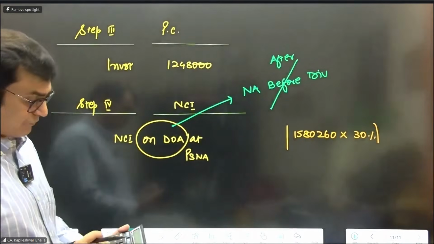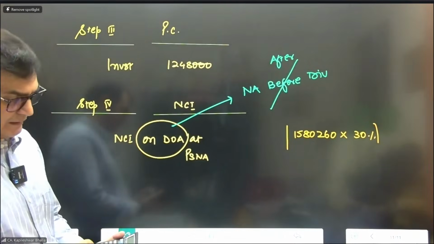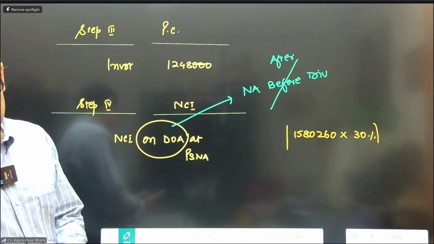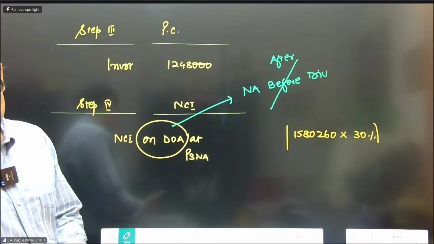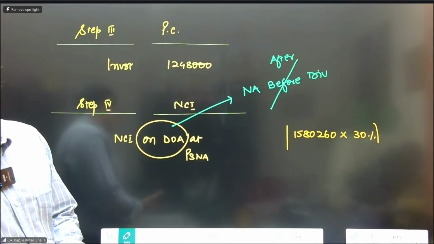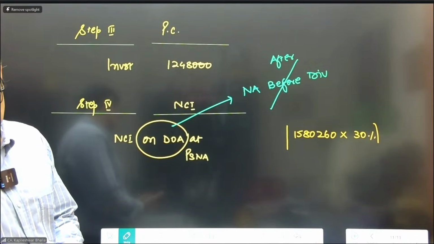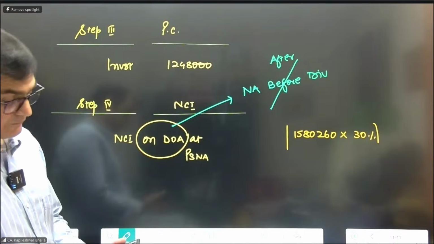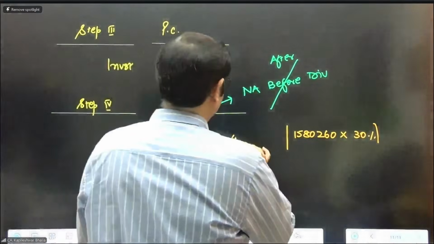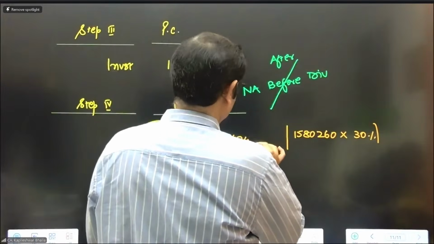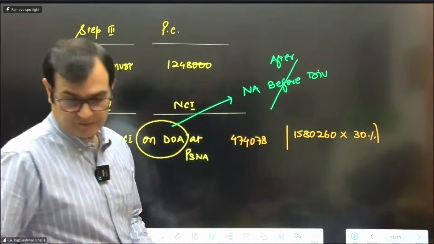So let's take 30% of this. So that works out at 1582.60 into 30%. That is to the tune of 474,078.